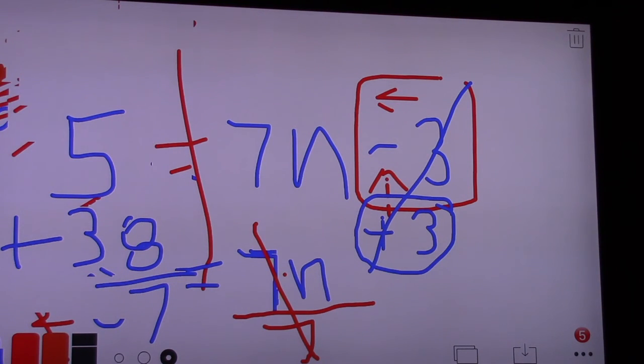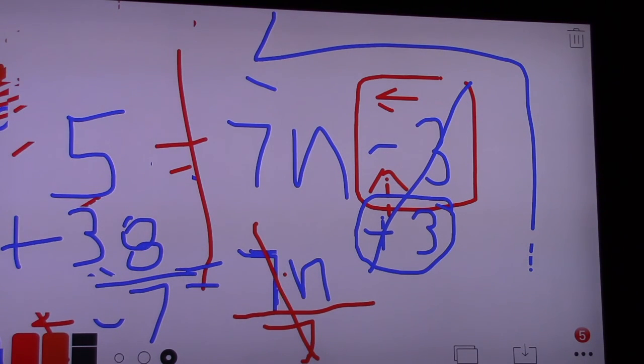However many times 8 goes in, it'll go in exactly 1 with a remainder of 1/7, and that is 0.125, I believe. I'm just doing this mentally, which is what I told you not to do. So the answer is n equals 1.25. I'm going to pretend I'm writing this at the bottom.